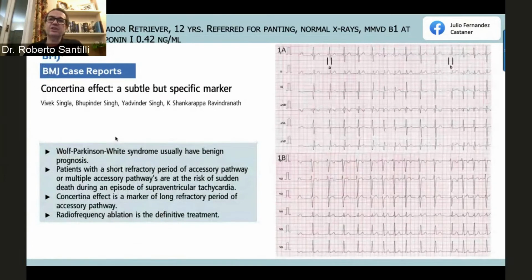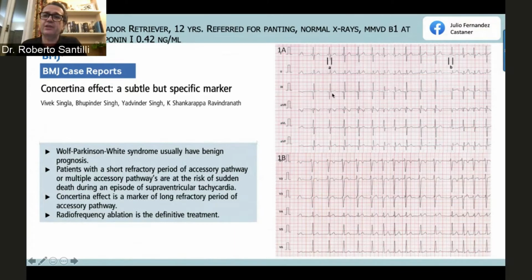For the Concertina effect, this is another example that you can see in humans, where you have this type of pre-excitation, then it goes back to almost normal, and then pre-excited again. This is interesting because in humans, when you have pre-excitation, there is a high risk of sudden death, because you can have antegrade conduction along the accessory pathways, particularly of atrial fibrillation.